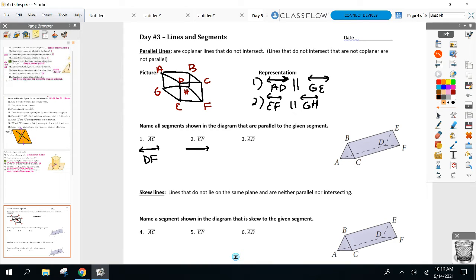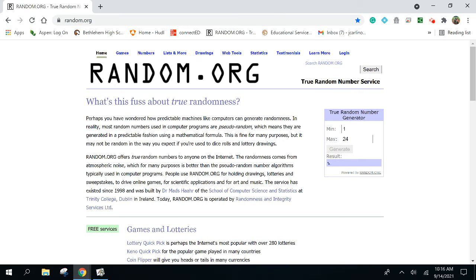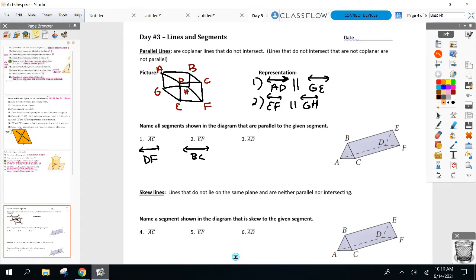A little school spirit there. Yep, good. And then how about something that's parallel to AD for me? Molly? CF. AD and CF. Yep, thank you. All right, so it seems like we're pretty good at identifying 2 parallel lines.